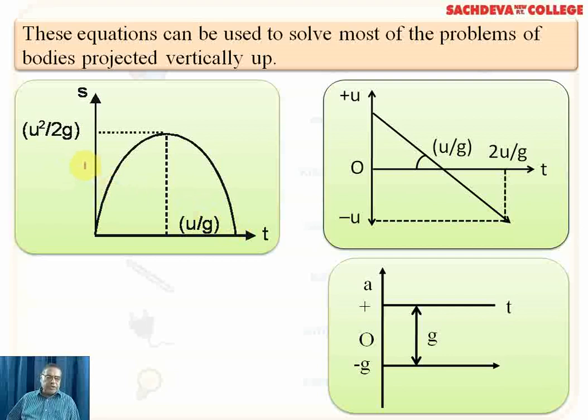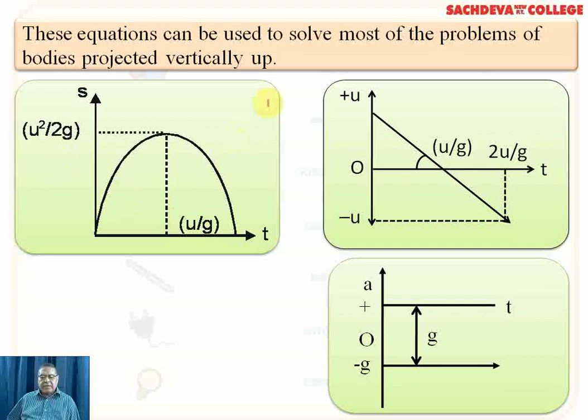Or from 2gs = v² - u², we get the value of s, and it is found to be u²/2g. And if we use the equation v = u + gt, then from that equation we will get the value of t in terms of u, and that will become u/g.